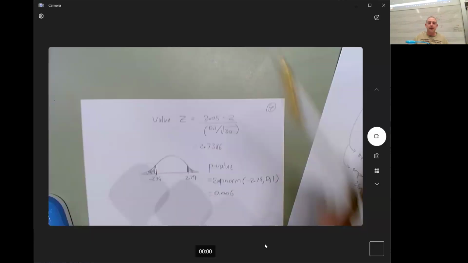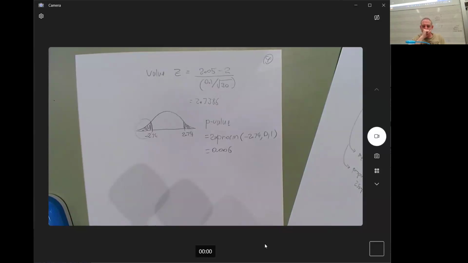All right. And that number is very low. The traditional cutoff for lowness is 0.05, which is called the significance level.